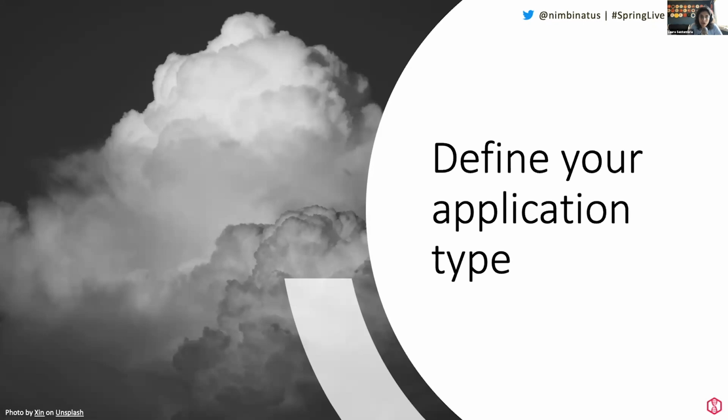Next, you need to think about what kind of application you are running. Is it back-end heavy? Is it front-end heavy? Does it do a lot of data transformation? You can get that information by pulling down everything that you have to understand how that application works.